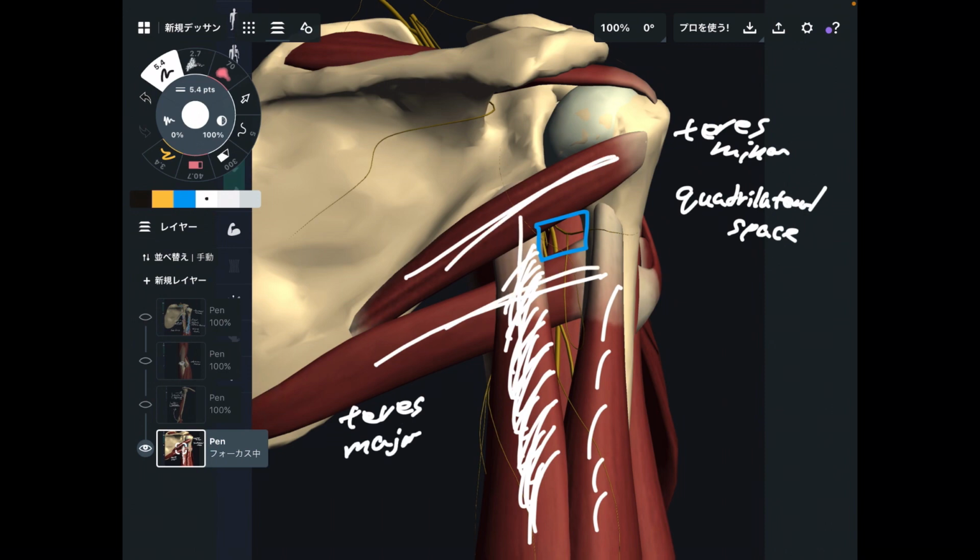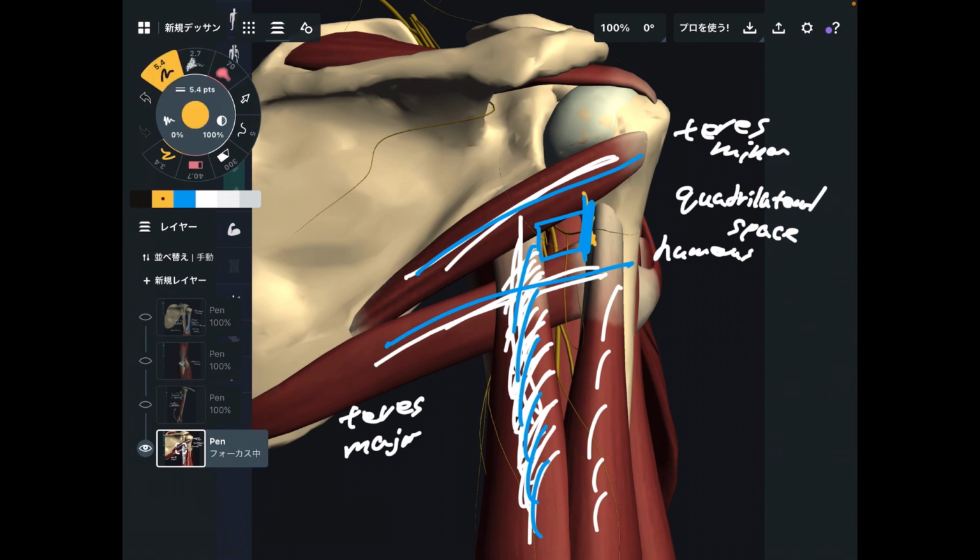These three muscles. And the last one is actually a bony structure, the medial part of the humerus. Long head triceps, teres minor, teres major, humerus. These four structures are the composition of the quadrilateral space.